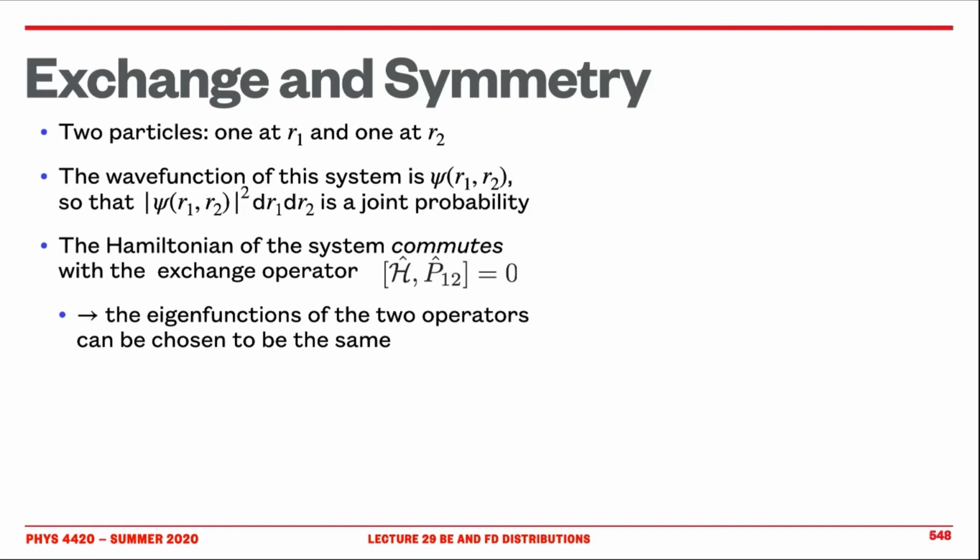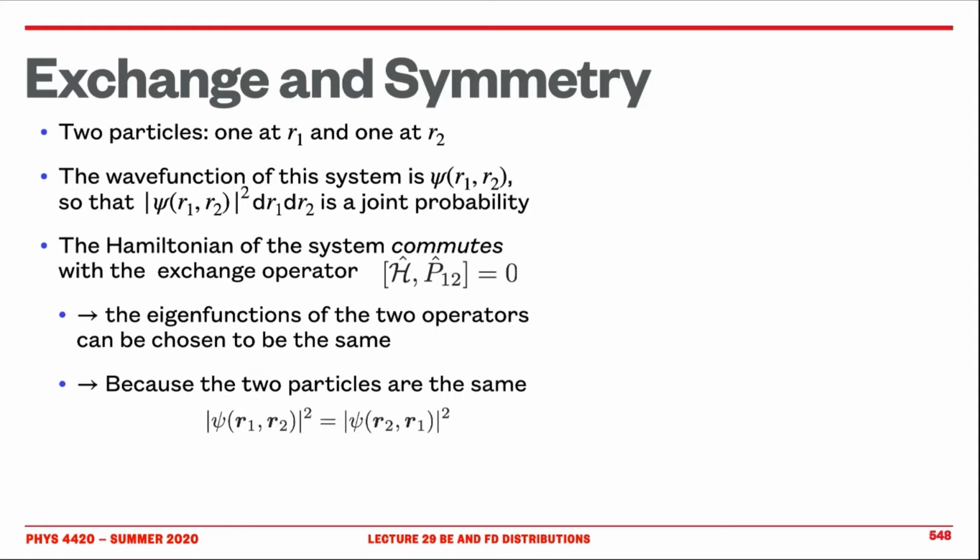So another way to say the same thing is that the eigenstates of the Hamiltonian can be chosen to be symmetric under the operation P12. I'm going to say a few more minutes on this since it's so crucial.